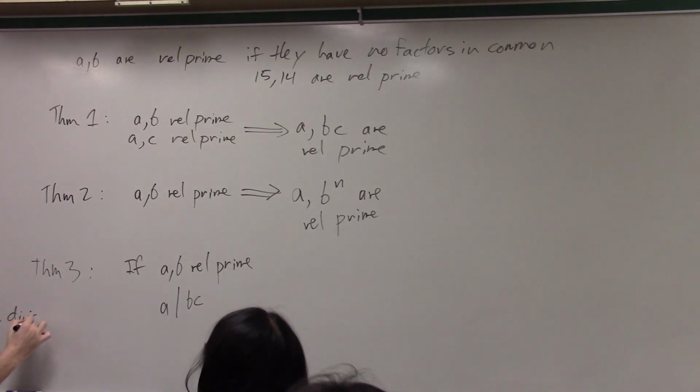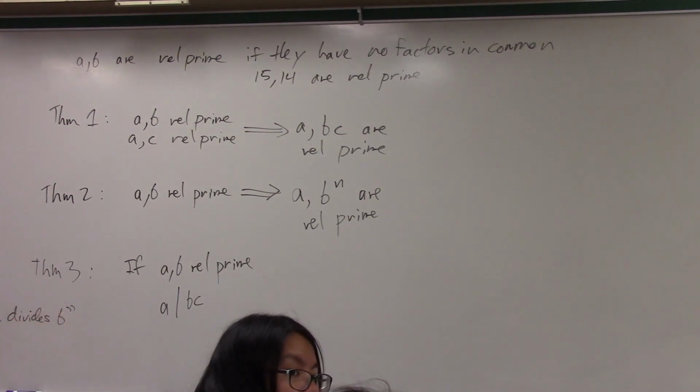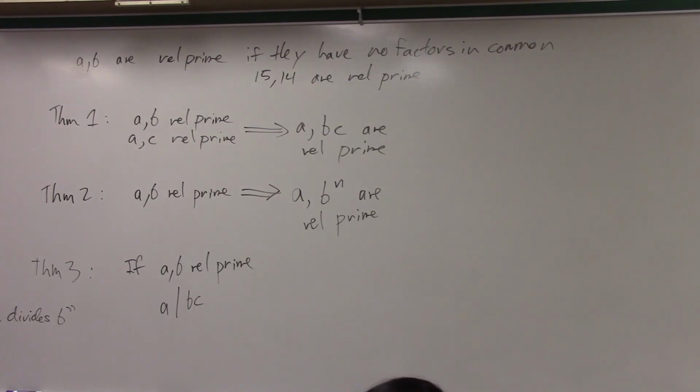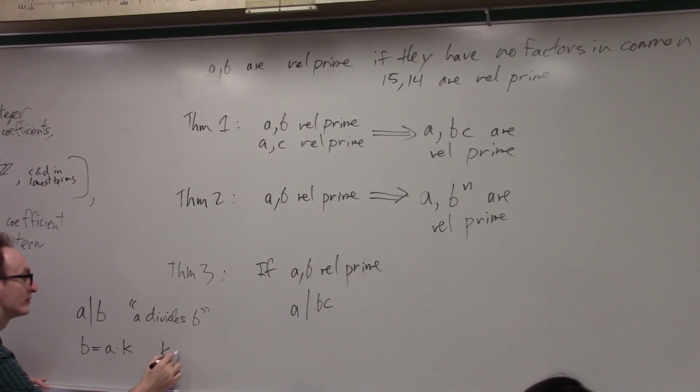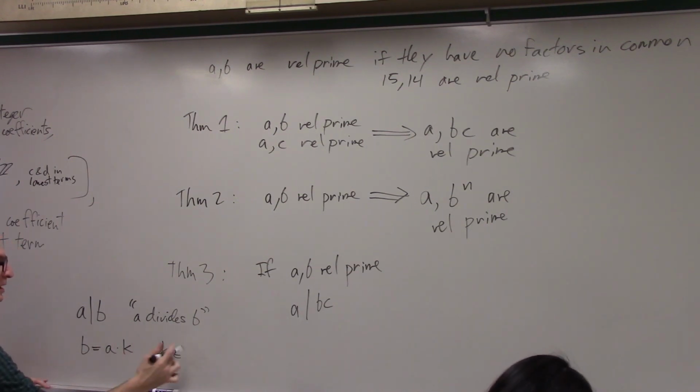A divides B. This is just a way of saying A goes into B, or B is a multiple of A. So this just means that B is of the form A times K, for some natural number K, or integer, I guess probably. Cool. So A divides B, A goes into B, B is a multiple of A, however you want to say it.